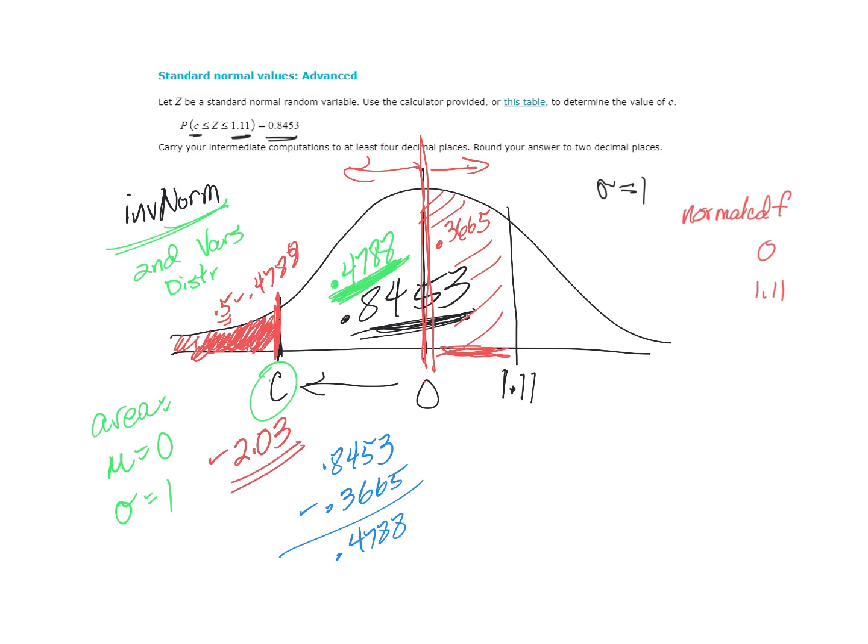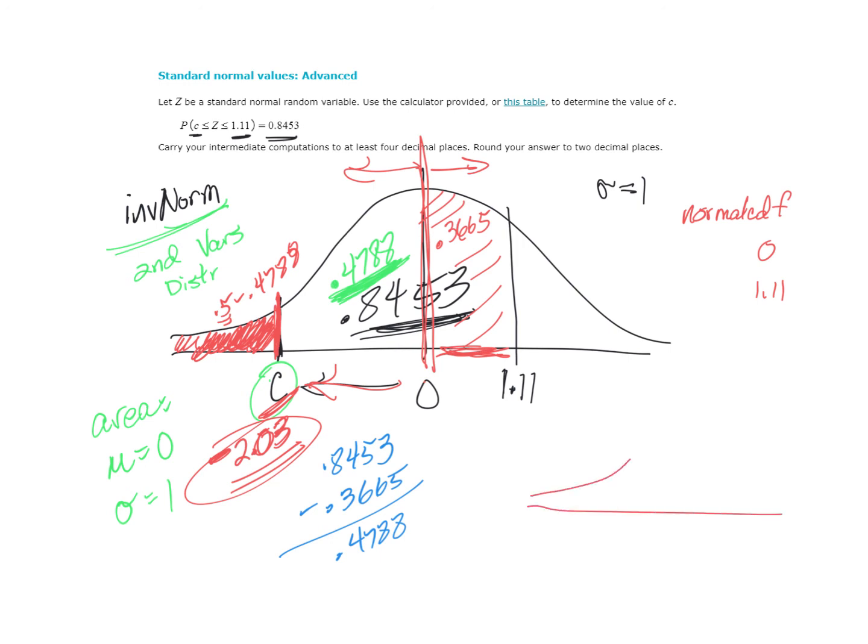All right, makes me feel real good since I got a negative value. It had to be negative because it's on the left side of the mean. That means I need to come 2.03 standard deviations over for this value here in order to get the original problem. So if I go back, I got a lot of stuff drawn here, but let's think about what we started with.